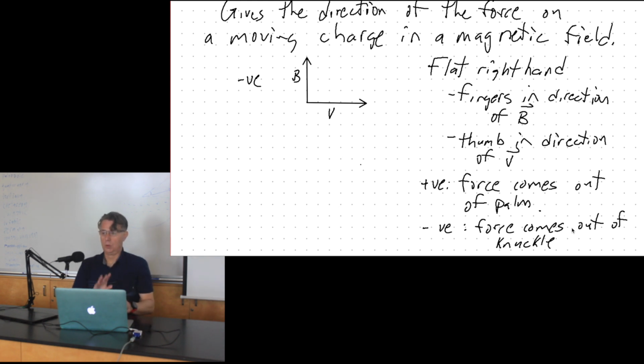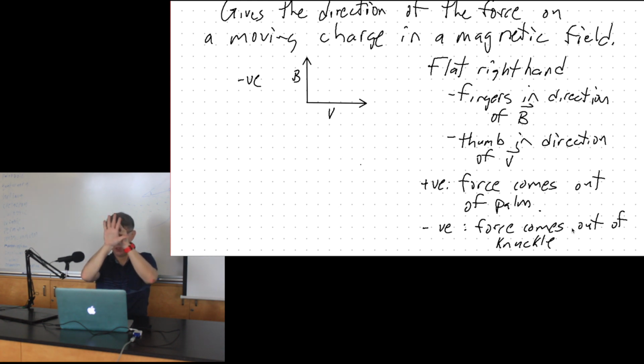If we're looking at the screen, the fingers point that way. The thumb points in the direction of the velocity. If it's a negative charge, the force comes out of the knuckle. Therefore, the force is into the page.